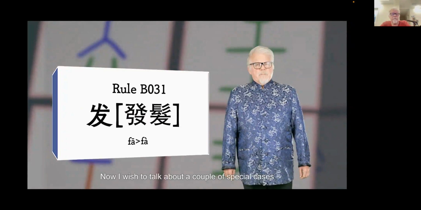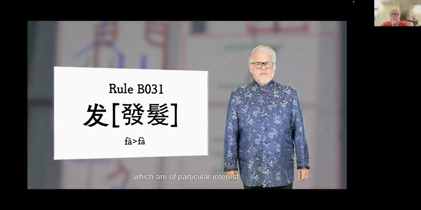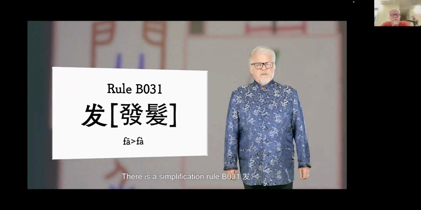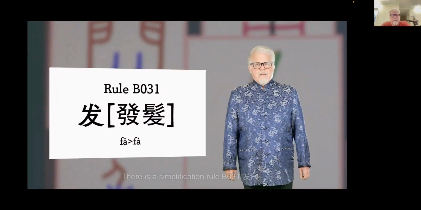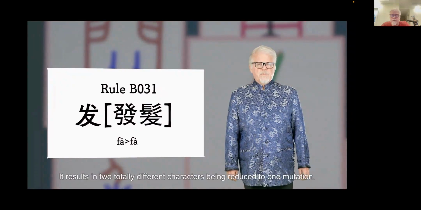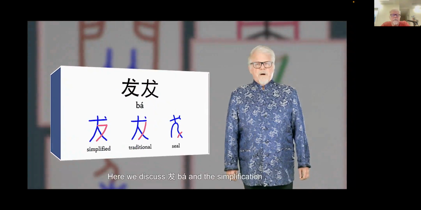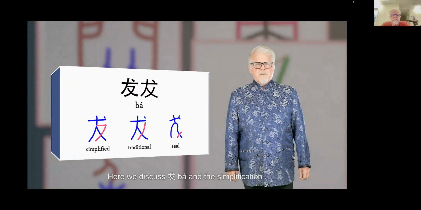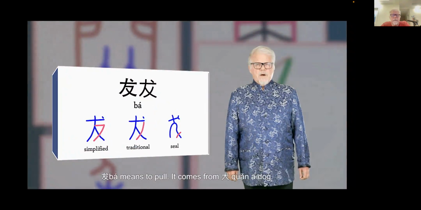Now I wish to talk about a couple of special cases which are of particular interest. There is a simplification rule B031, fa. It results in 2 totally different characters being reduced to 1 mutation. Here we discuss ba, and the simplification ba means to pull. It comes from quan, a dog.